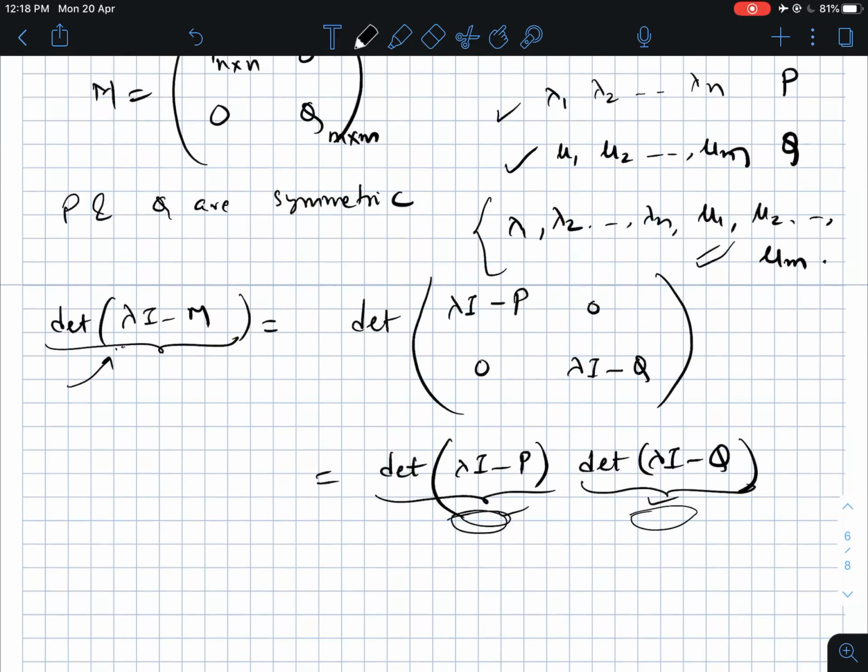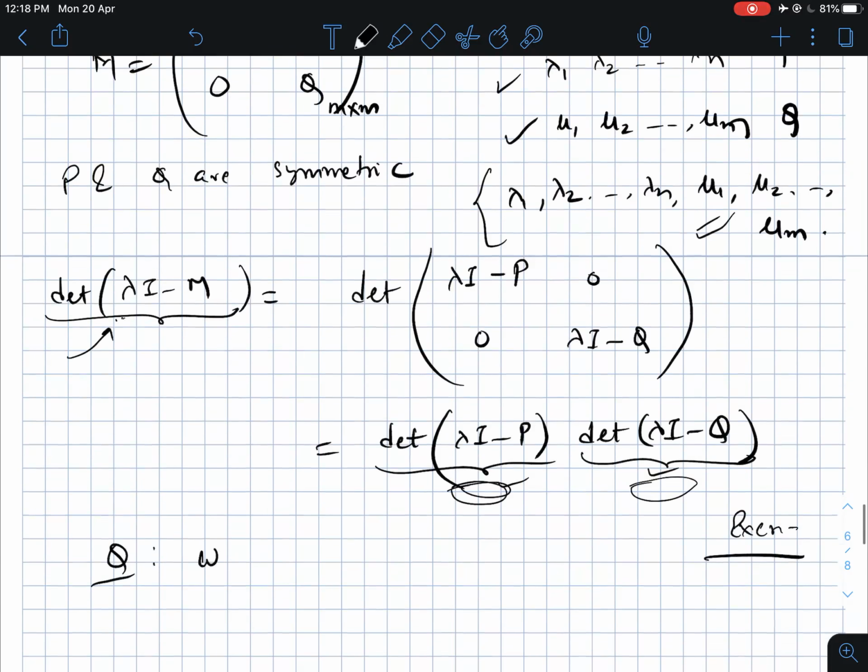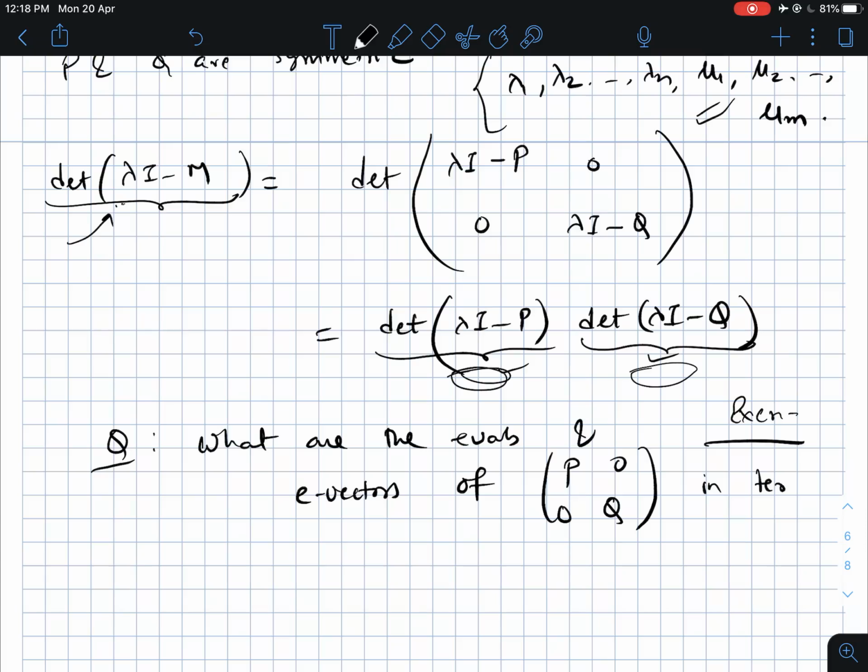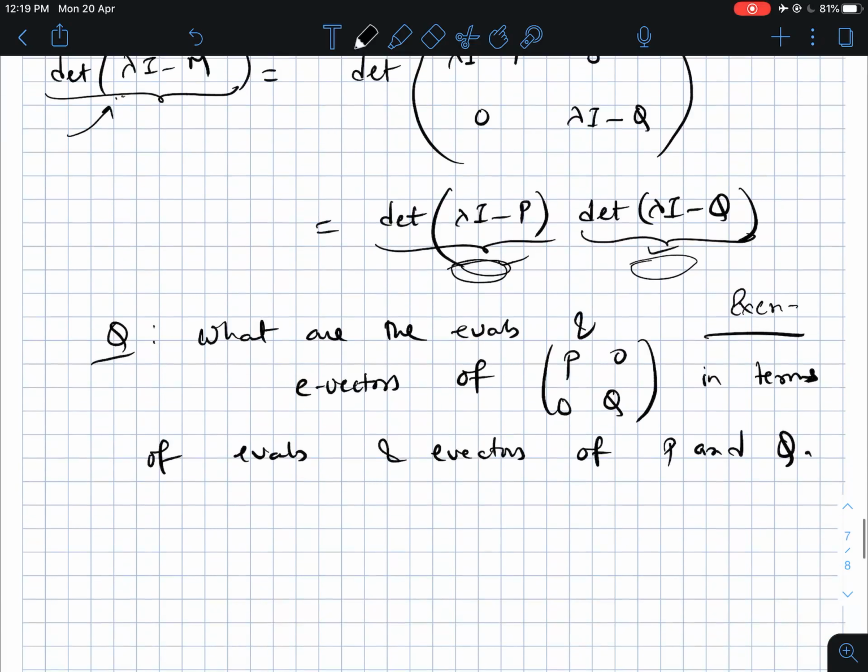The other way of proving this is to simply use the definition, and I'll leave that as an exercise to you. In fact, I'll ask you a slightly more complicated question: what are the eigenvalues and eigenvectors of P, 0, 0, Q in terms of the eigenvalues and eigenvectors of P and Q?